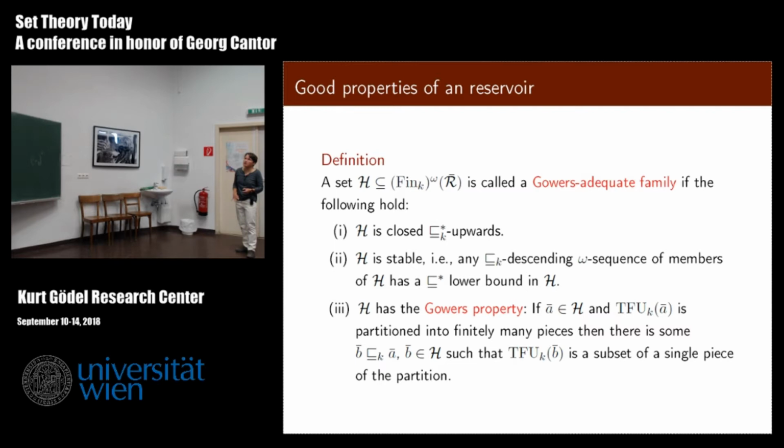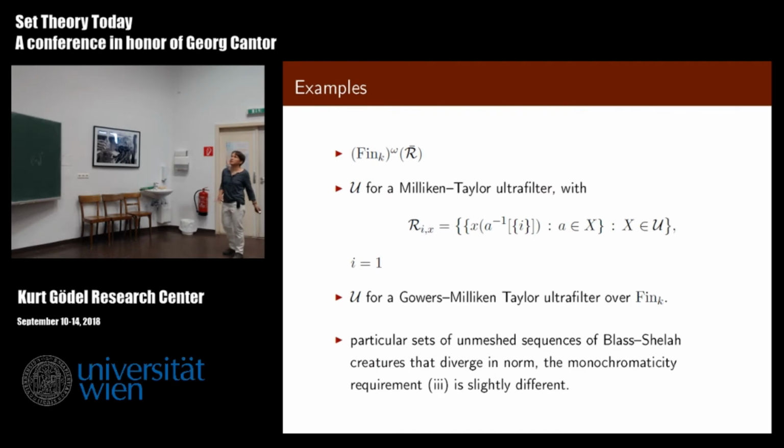An equivalent formulation would be here in number 2 to have diagonal lower bounds. This is gotten for free. If you have 3 and 2, you get this stronger form of 2. So you can do with either one. And also you get an equivalent definition if you take here the n-dimensional one, the stepped up coloring theorem. This is also gotten for free here.